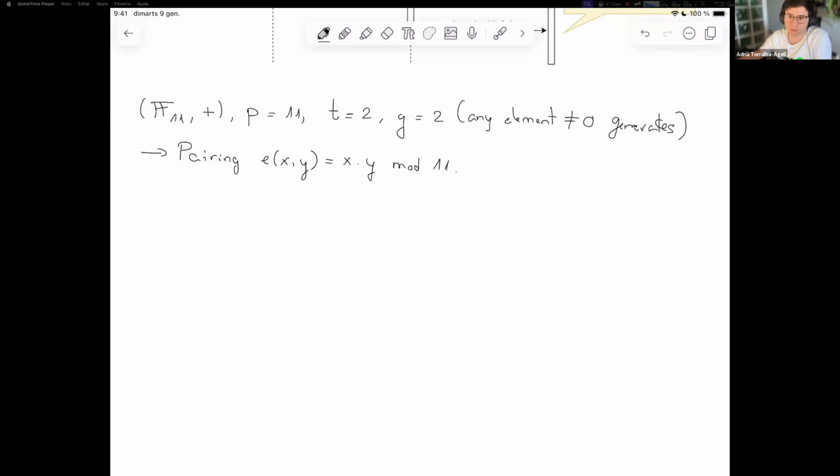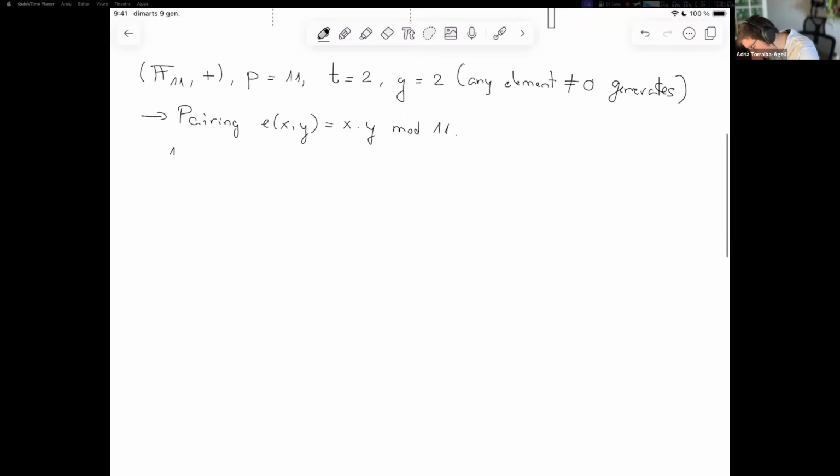This is an example of a pairing function. And why is this a pairing function? Well, let's see the two properties that we ask for a pairing. If you recall, we ask for a pairing to be bilinear.